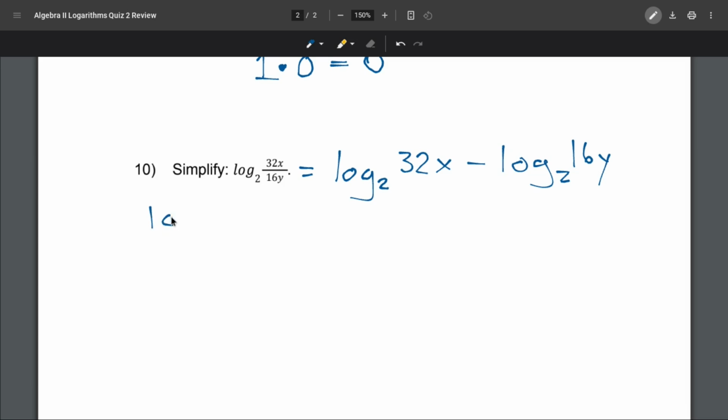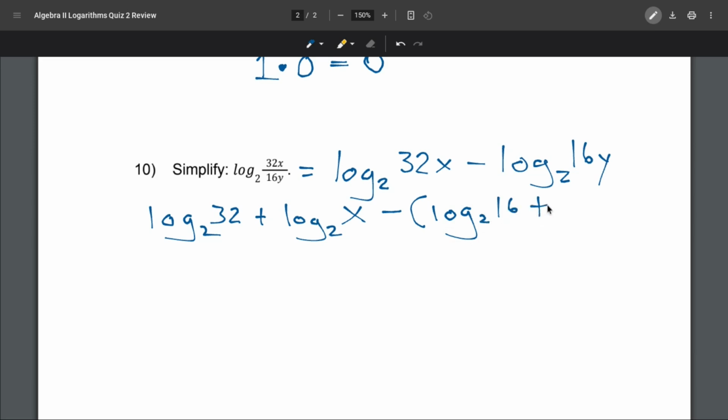So I'm going to break apart log base 2 of 32x into log base 2 of 32 plus log base 2 of x. And then we're going to break apart this part. So I'm going to subtract, and then this part breaks apart to log base 2 of 16 plus log base 2 of y.